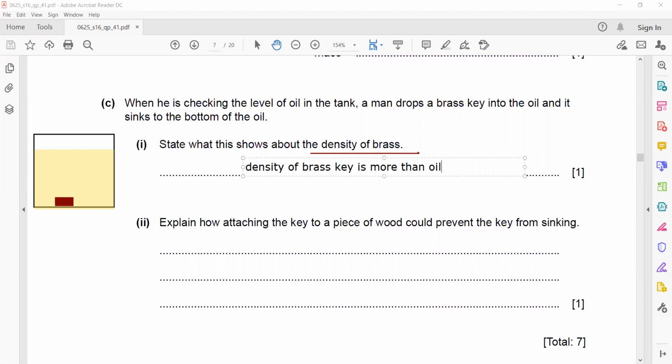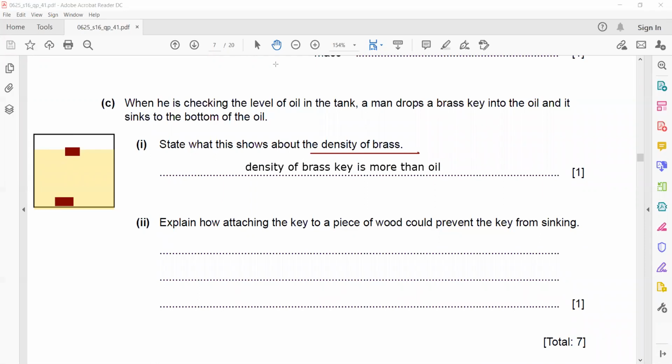Basically what happened, now there is a combined density of these two. The combined density of wood and brass is less than oil.